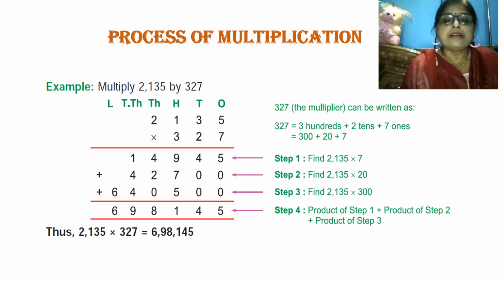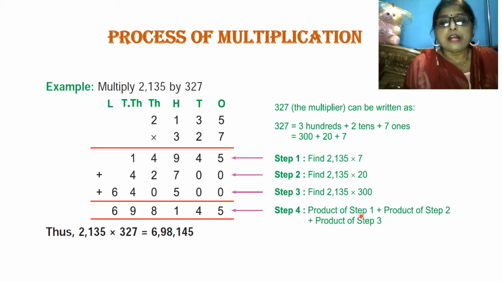14,945. Then you multiply 2135 by 2 and you get 42,700. And in step 3 you multiply 2135 by 3 and you get 6,40,500. And in the last you will have to add them all. Step 1, step 2 and step 3 will be added, then you will get step 4.